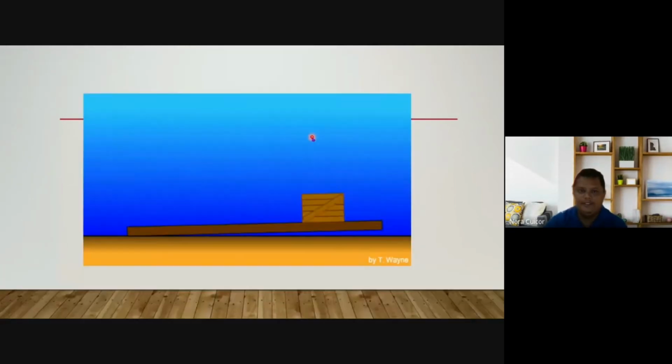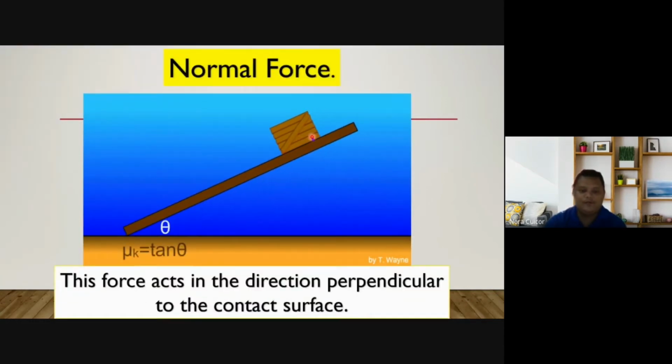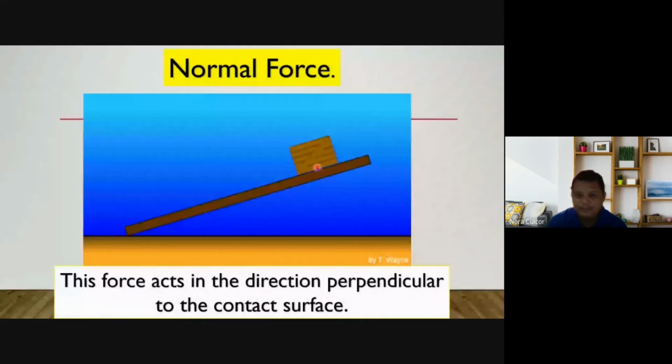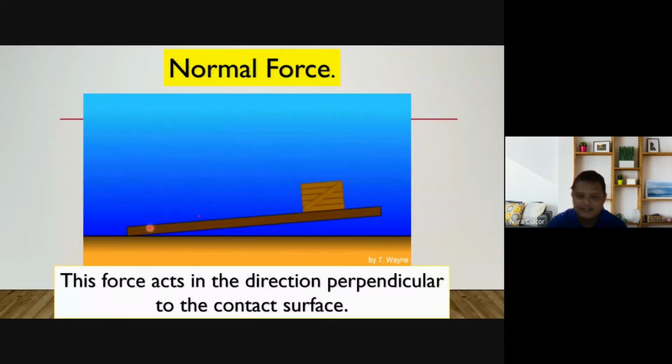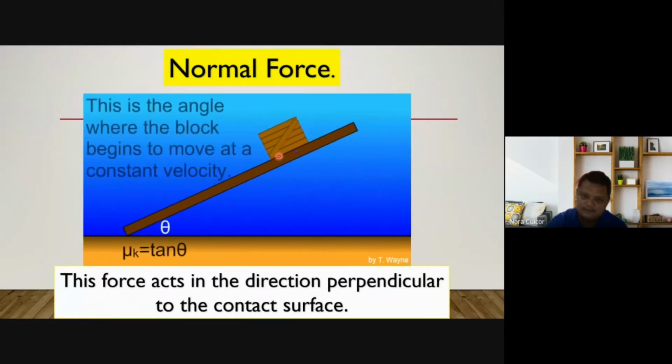Okay. Another one. This one is a normal force. Normal force is a force that acts in the direction perpendicular to the surface. Okay, look at the object here. The box, whatever the angle is, the box is still connected to the ground. For example, when the box is here, even if you lift it, the box still connects.